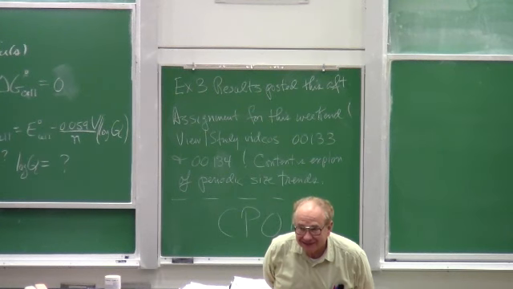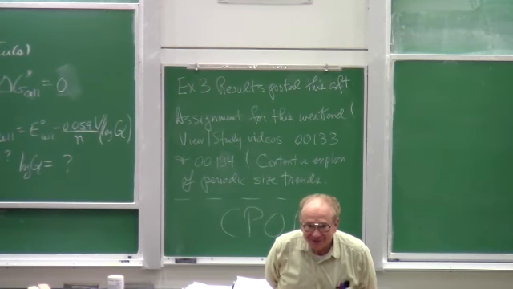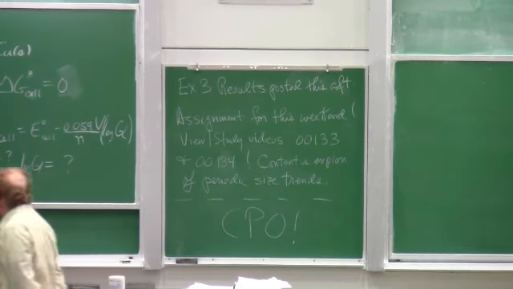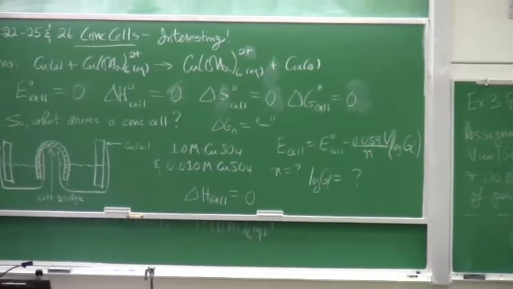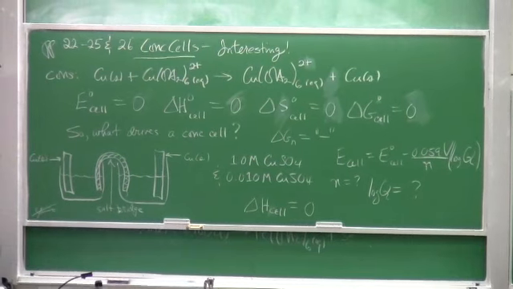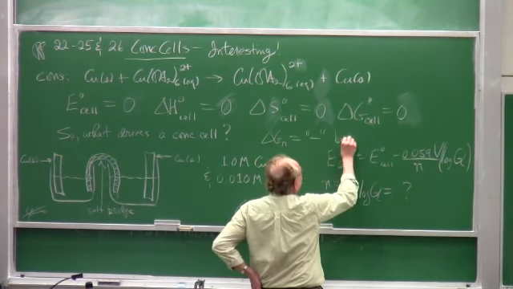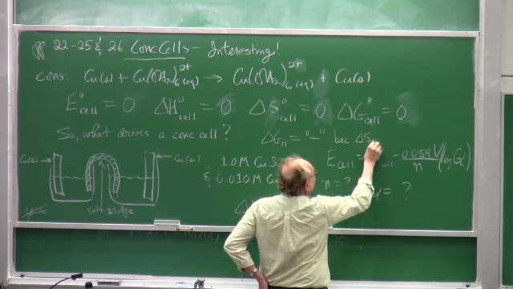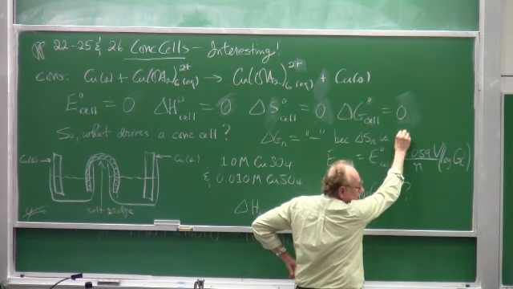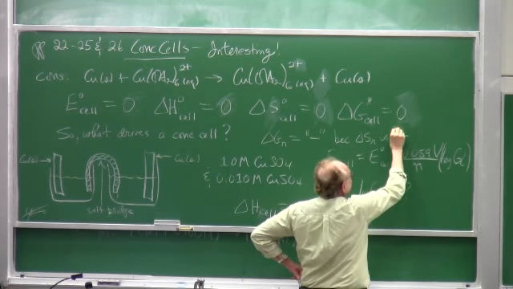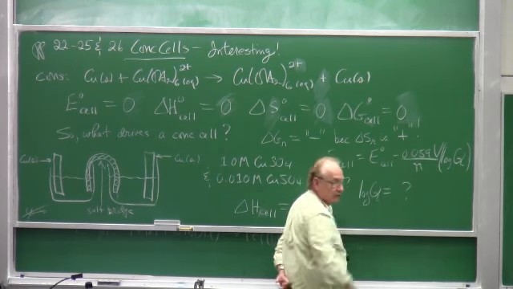It's got to be delta S, isn't it? It's the only part of this puzzle which we have yet to consider. So delta G is minus because delta S is plus or minus? Plus. That's a favorable change in entropy.